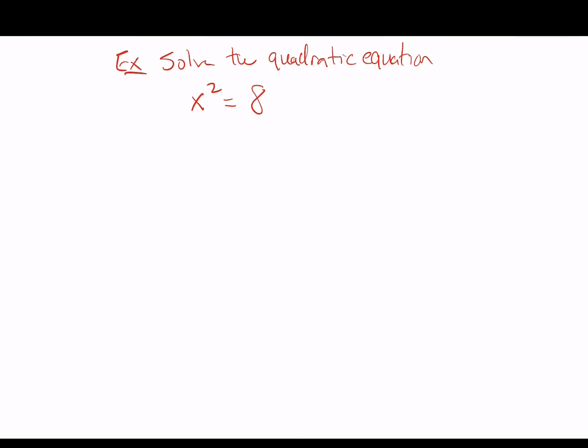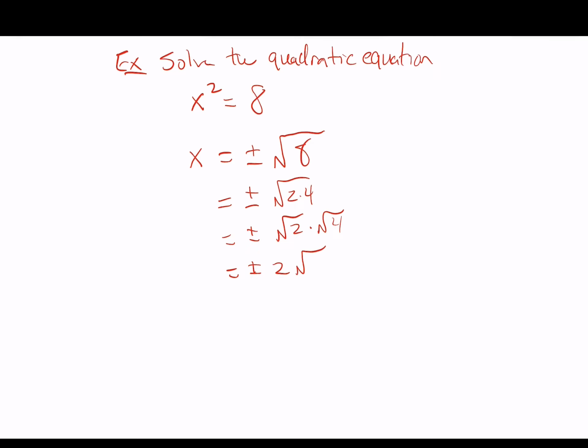So if we take the square root of both sides, we have x is equal to plus or minus the square root of 8, which we can simplify as plus or minus the square root of 2 times 4, which is equal to plus or minus the square root of 2 times the square root of 4, or plus or minus 2 times the square root of 2.